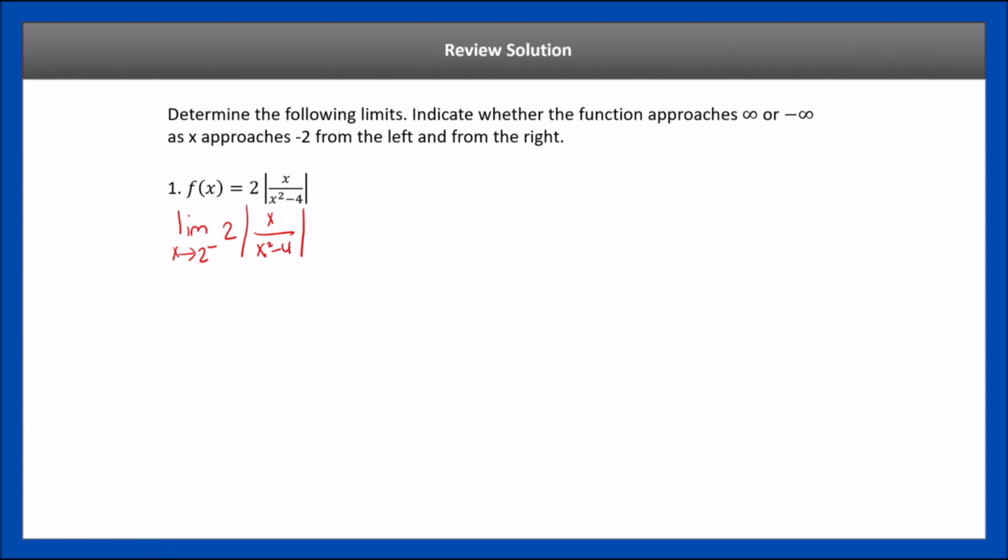But we know that if we do a direct substitution, we get 0 in the denominator and a nonzero number in the numerator. So since we're doing it from the left side, let's plug in a number just to the left of that, such as 1.9.